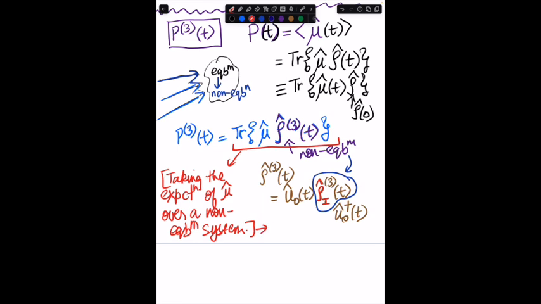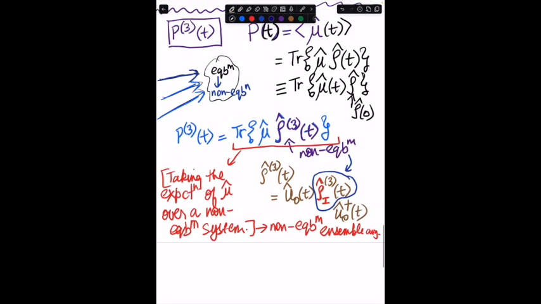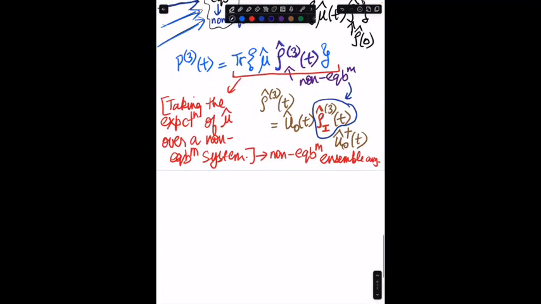This is what we started off with: taking a non-equilibrium ensemble average. And where are we left off now? Now we are measuring the polarization as various quantities which are equilibrium averages.